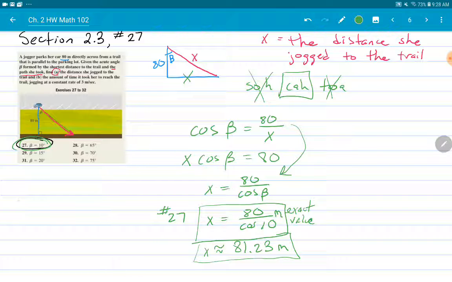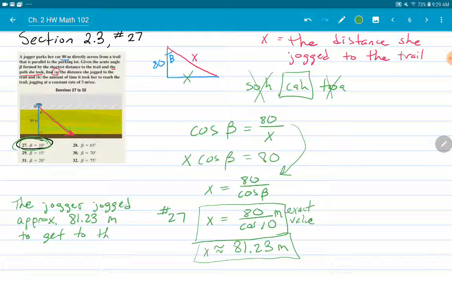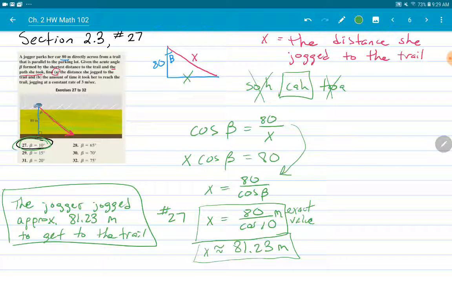So that is something like the jogger jogged approximately 81.23 meters to get to the trail. So there's my answer for part A.